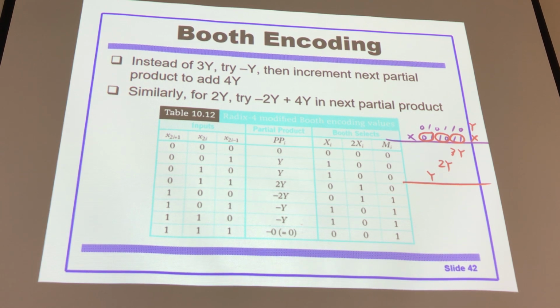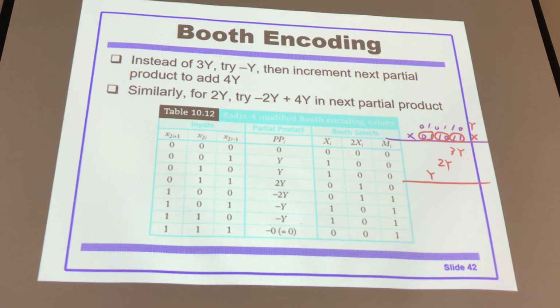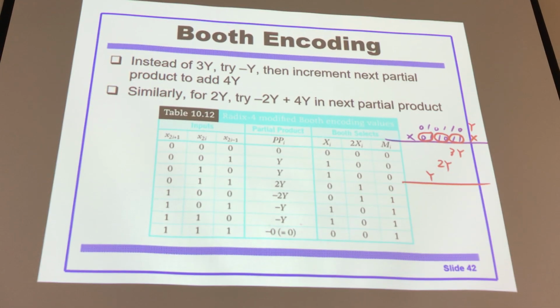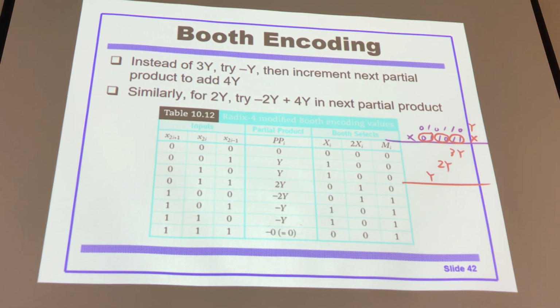So what's so good? But let's say, okay, 0, fine. y, fine. 2y actually is fine, but 3y is a trouble guy. 3y is not easy to get, and then you have delay. So instead of 3y, try to use minus y.